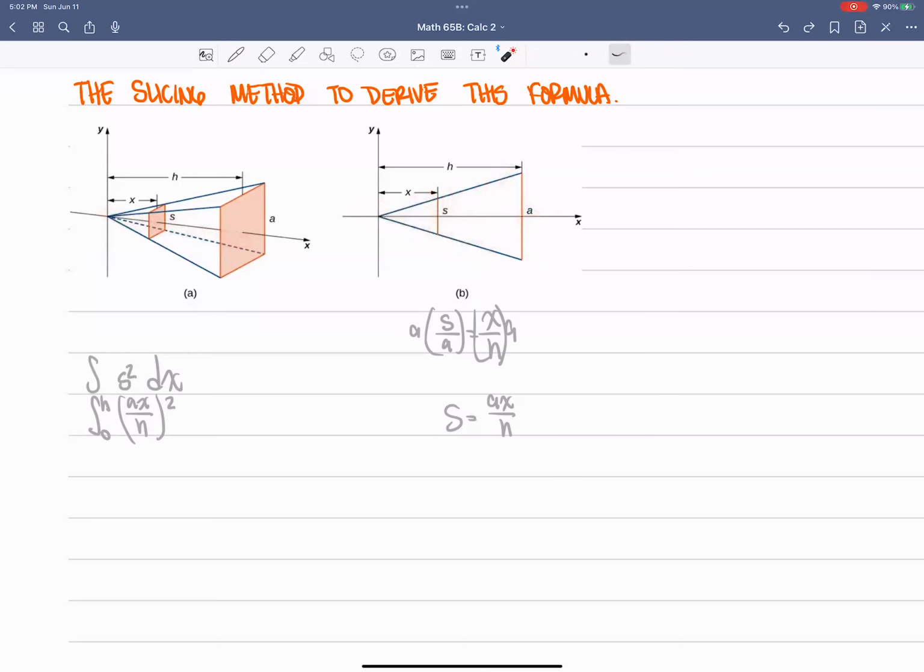All right, looks good. From here, let's factor out the a and the h, because those are just values here. We have a squared over h squared, integrating from 0 to h, integrating x squared. I forgot to write the dx, with respect to x.